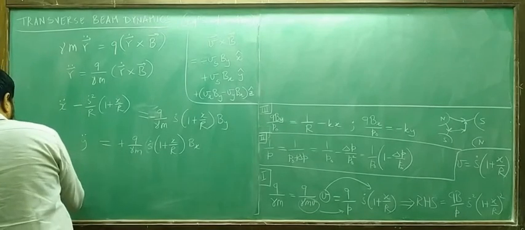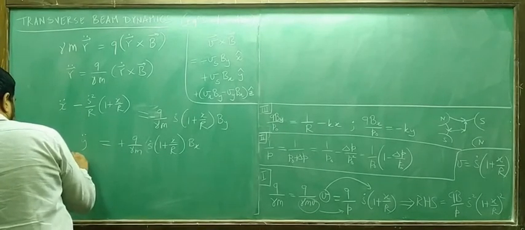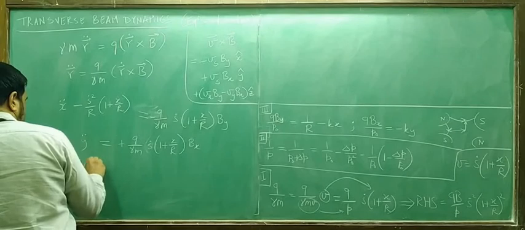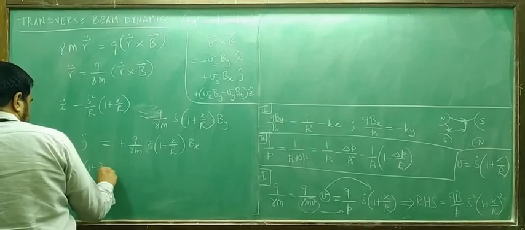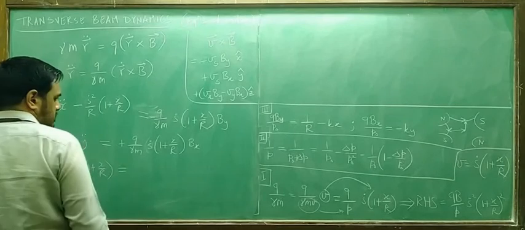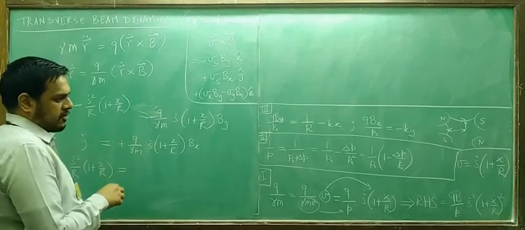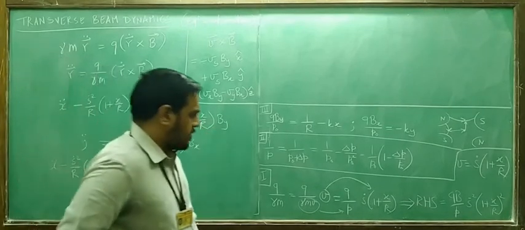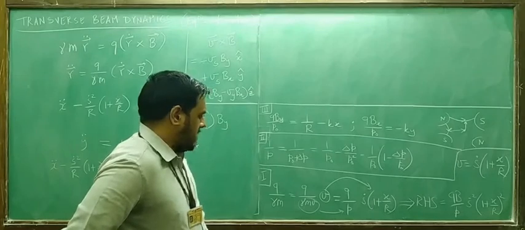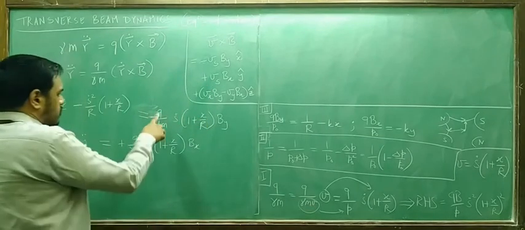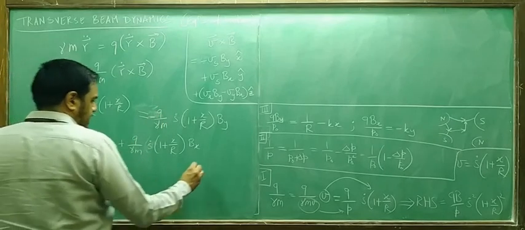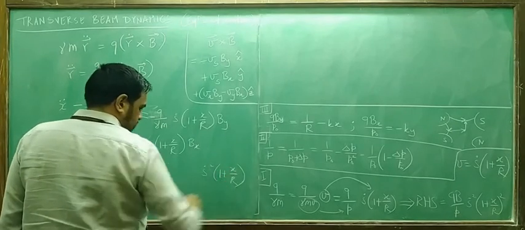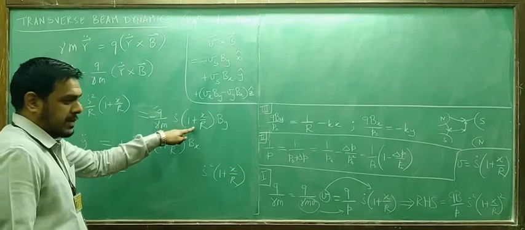X double dot minus S dot square by R into 1 plus X by R is equal to, now be careful, Q by gamma M multiplied by B and divided by V will give you, let me write it this way, you will anyway get S dot square into 1 plus X by R. You will of course get this term. 1 S dot into 1 plus X by R is already there.